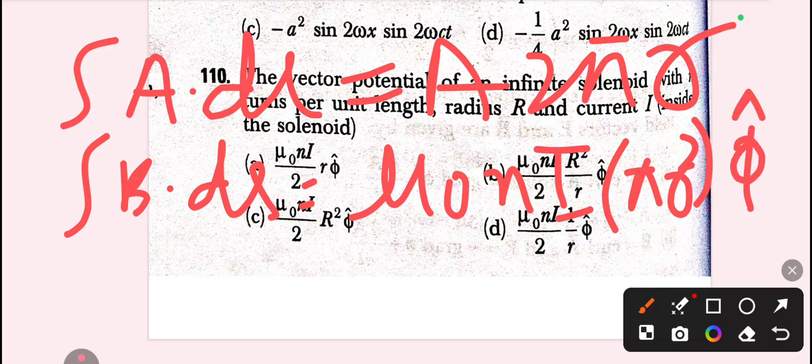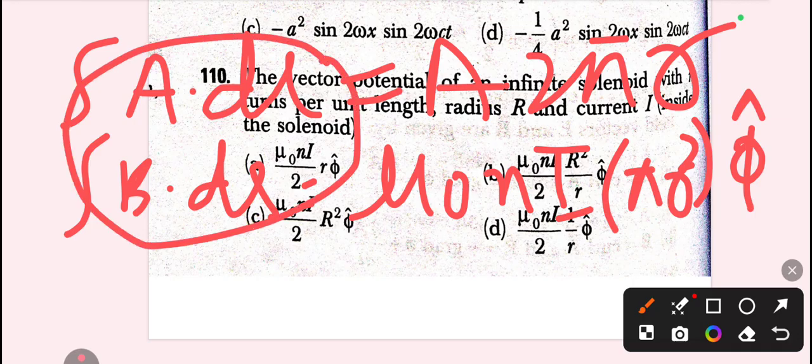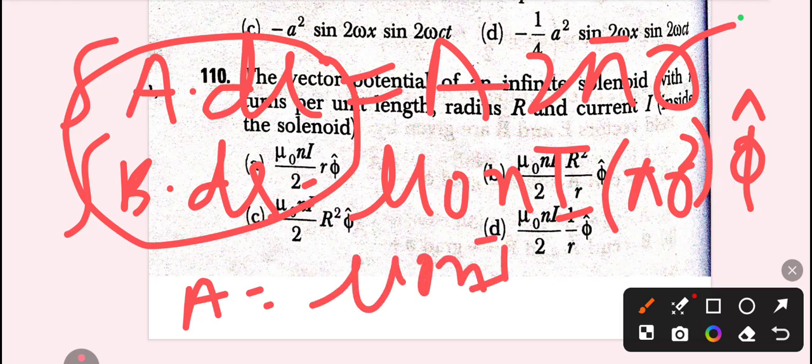And using the Stokes theorem we equate this to this. Then from here we got A equals to mu naught n I divided by 2 into r and phi vector. The right option is option number A.